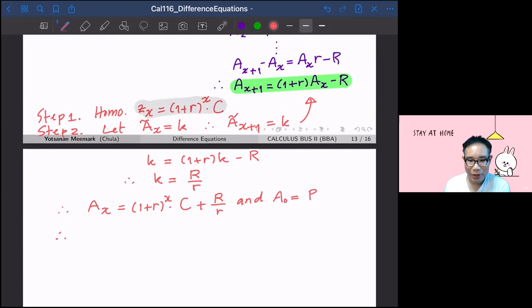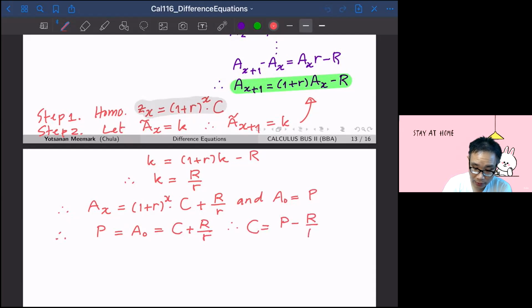So for this one, you get a_0, so you get C. So you have P equal to a_0 equal to C plus R over r. So you solve for C. C will be P minus R over r.